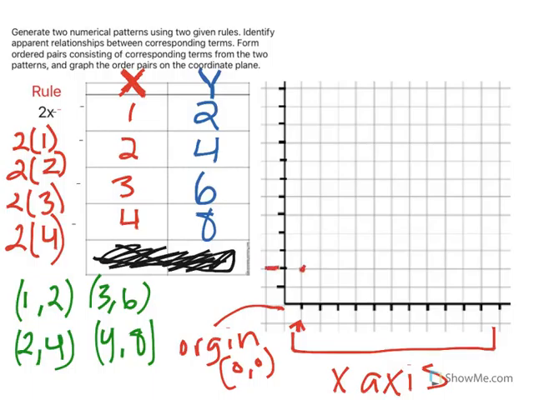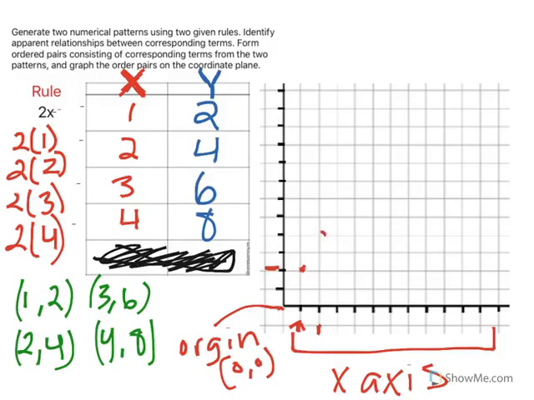So that's 1 point. Now we have our x equals 2. So when x equals 2, which is here, we want to go up to 4. So 1, 2, 3, 4. That should be about here. And now when we have x equals 3, we know the coordinate is 6 due to our chart.